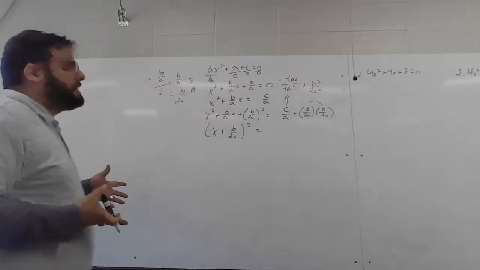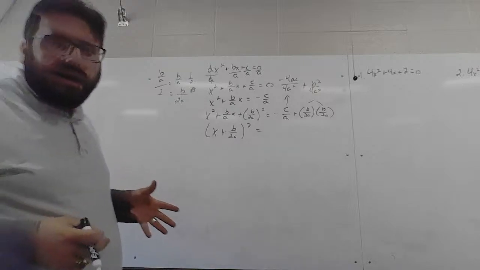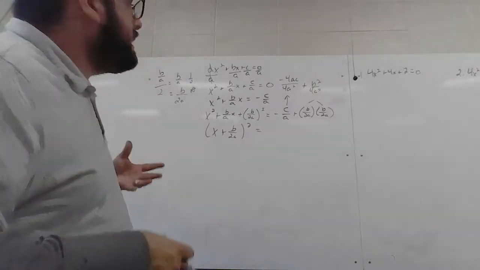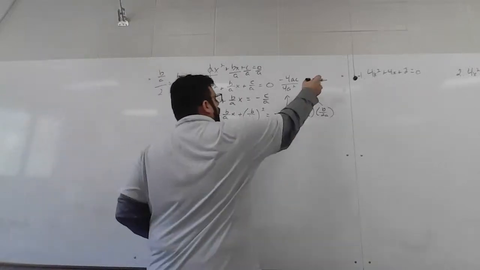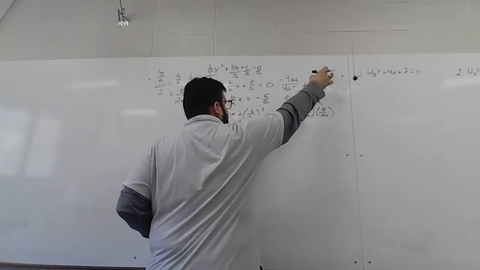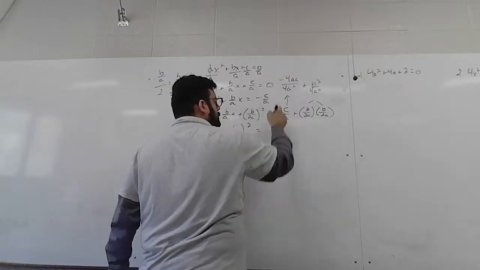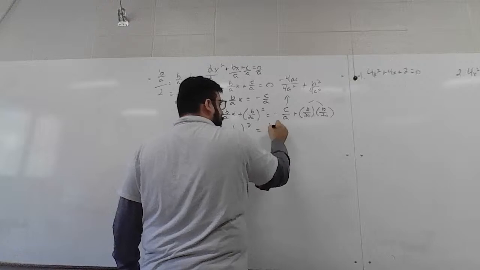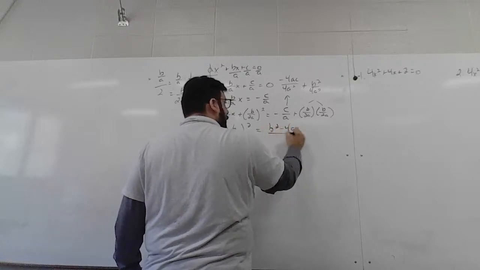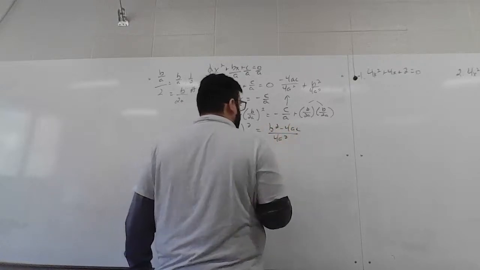So now I can go ahead and combine them into one fraction. Because this is addition, I'm going to move this to the front here, so that my front end is positive. So that's b squared minus 4ac over 4a squared.